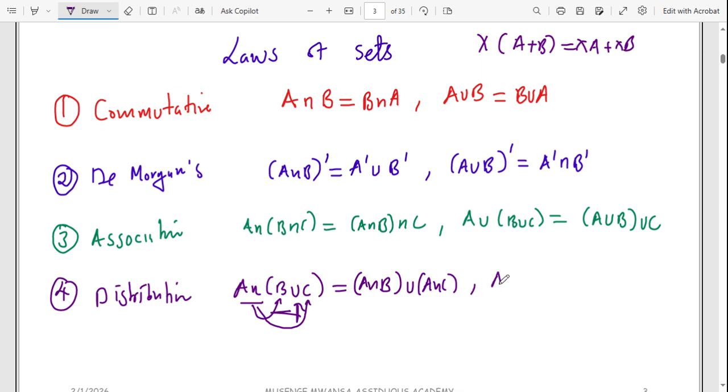If I had A union B intersection C, you distribute A union with B, so that is A union B. Put the intersect in the middle, and then distribute the A union with C, that is A union C. Does that make sense, guys?